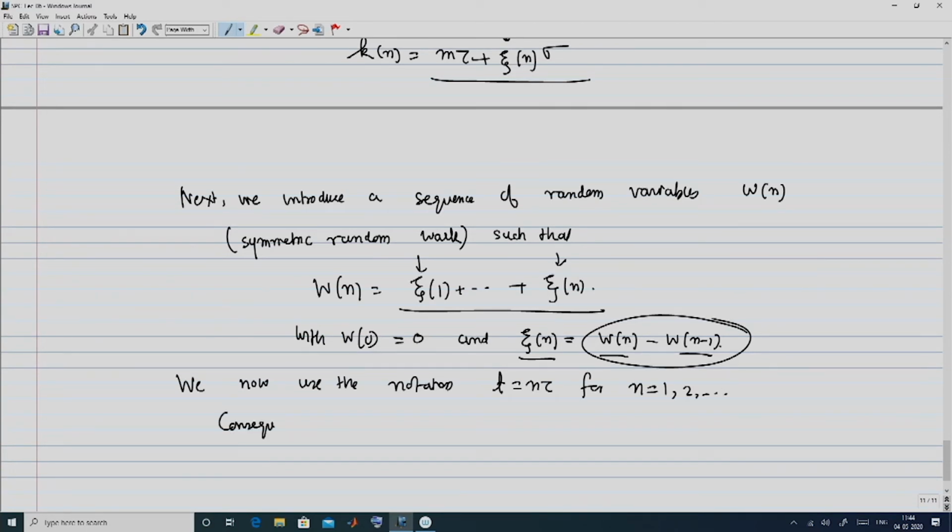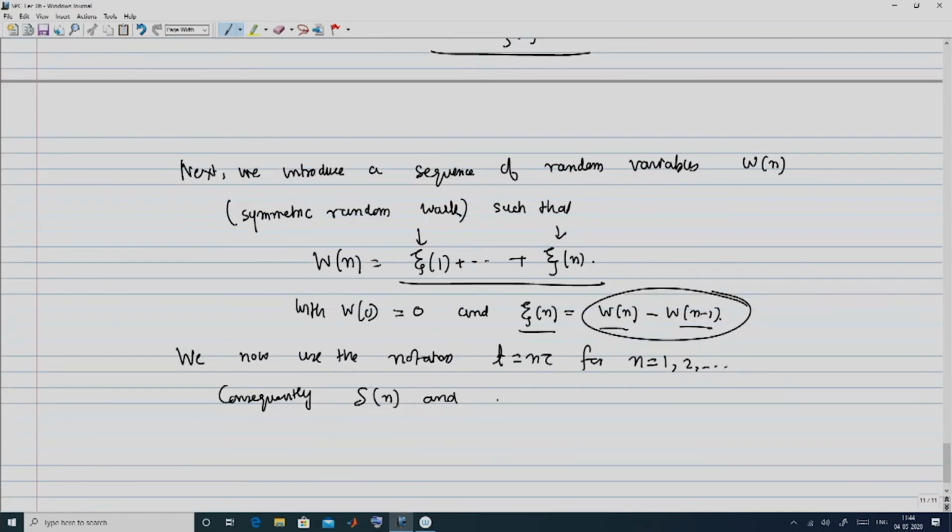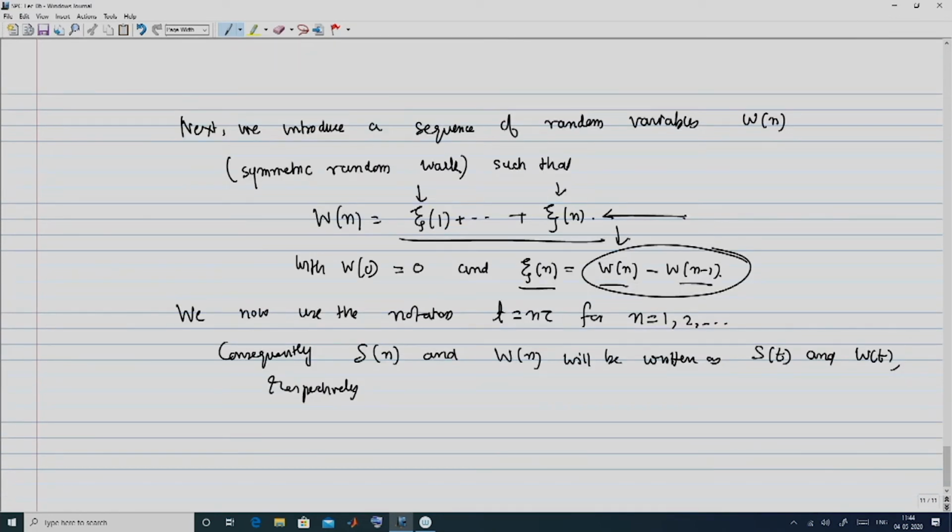And consequently, my stock price S n and W of n that we have here and I have defined here, this will be written as S of t and W of t respectively. I will use the small w here. So, please note that this is the small w.